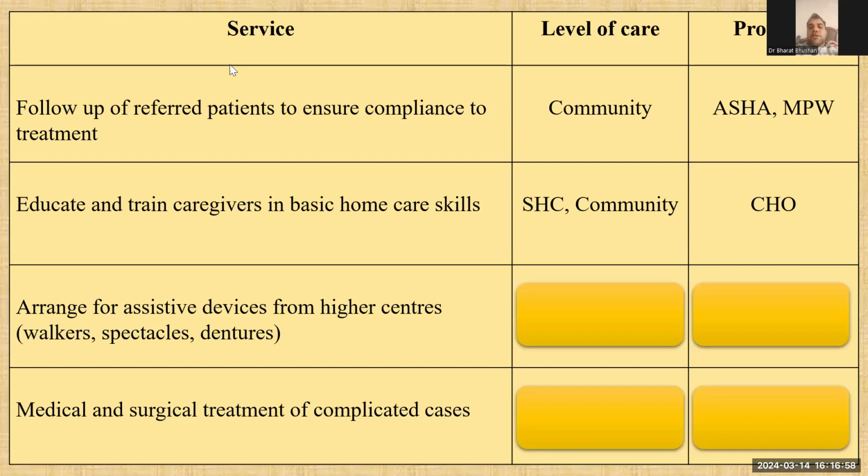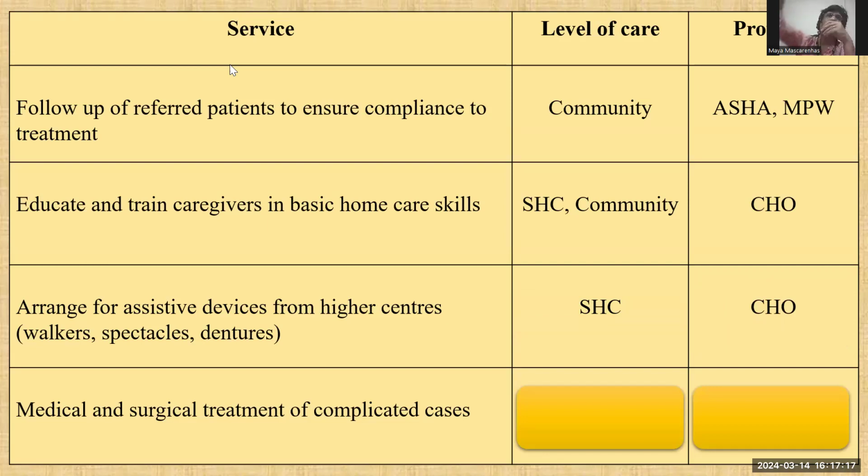CHC लेवल, किस लेवल पे? डिस्ट्रिक्ट हॉस्पिटल। GH लेवल नहीं, अरेंज करने के लिए तो, इंडेंट करने के लिए, लिस्ट भेजने के लिए तो। तो ये सब सेंटर में। हाँ जरूरत नहीं, क्योंकि पेशेंट क्यों जाना डिस्ट्रिक्ट लेवल को, सिर्फ वो बताना कि मुझे एक स्पेक्टिकल चाहिए है? तो अगर CHO है तो वो अरेंज कर सकते हैं.